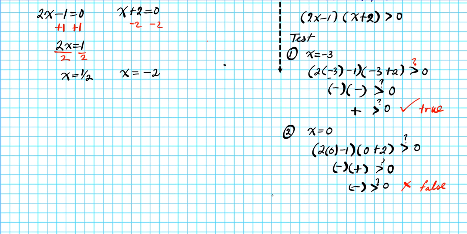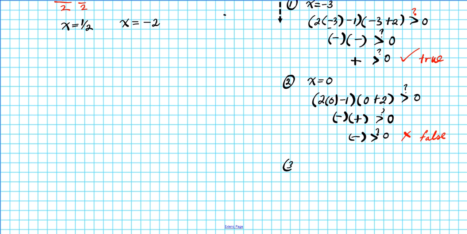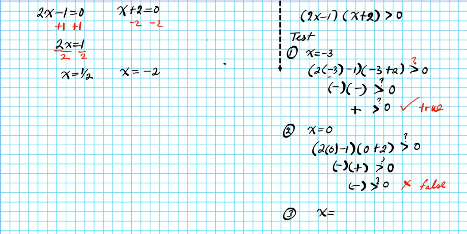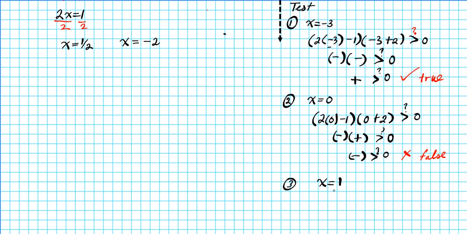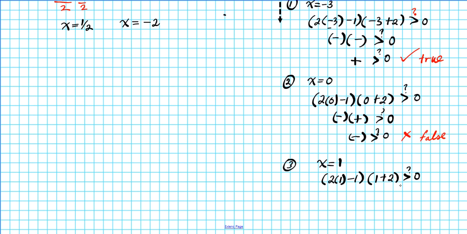Now let's go ahead and take a look at the last test. We're going to test x equals, what did we pick for interval 3? 1. We're going to plug it into the inequality, so we have 2 times 1 minus 1 times 1 plus 2. Is this greater than 0, or is it positive? 2 times 1 is 2, minus 1 is 1. 1 times 1 plus 2 is 3. Is 1 times 3 greater than 0? 1 times 3 is 3.